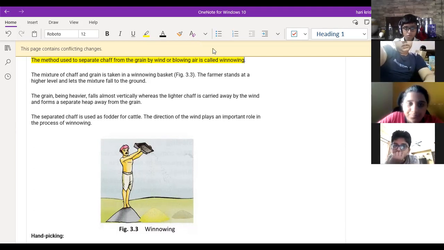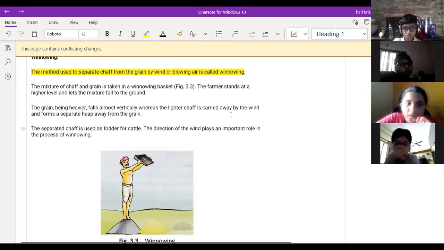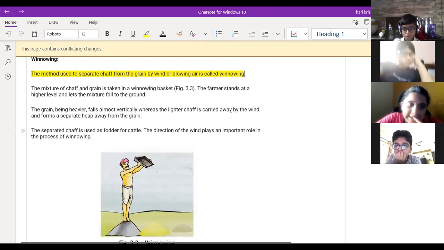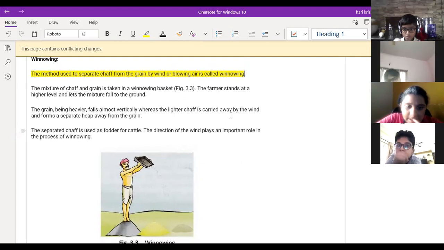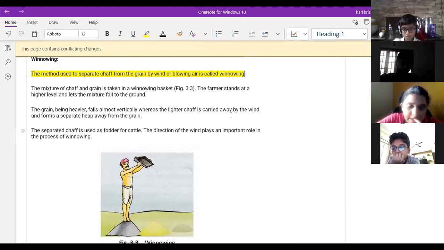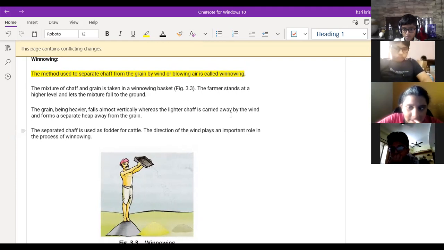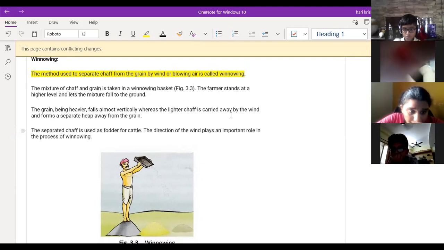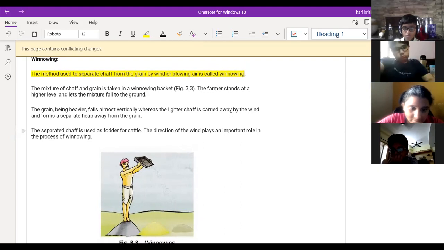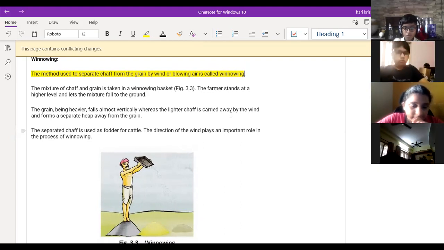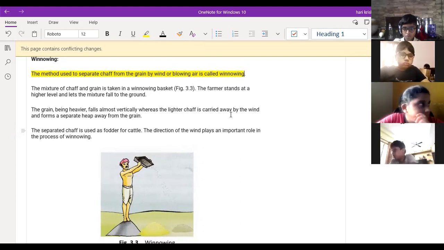In the case of the winnowing process, what is the meaning of chaff? Tomorrow I will ask you, write down your homework. What is chaff? What is husk? What is grains? What is hay? These four terms I will ask you tomorrow. Is it clear, your homework?